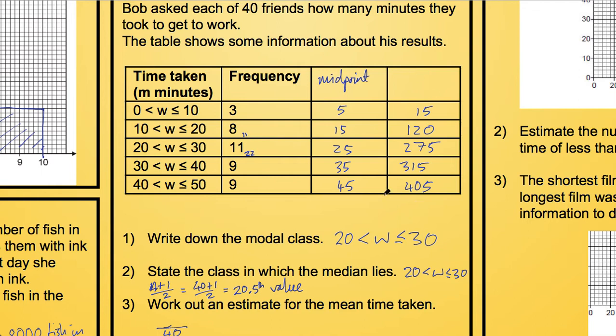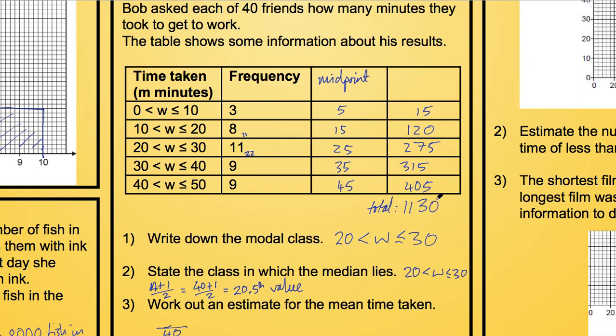We then want the total of all of these times, so add them together, and that gives us 1,130.